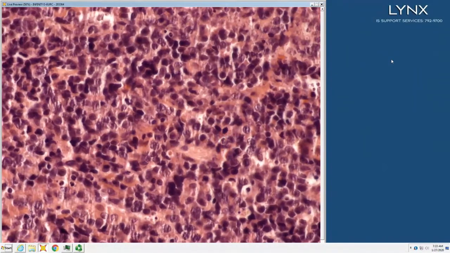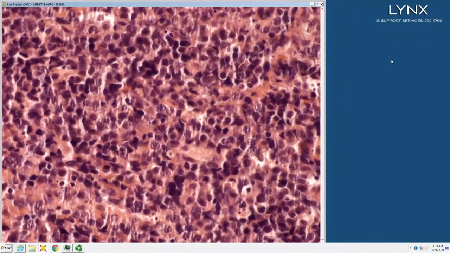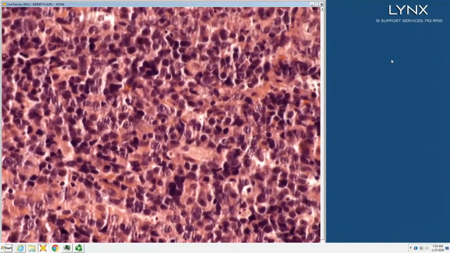But you have lots more cells that are getting blastic. Blastic transformation in a T-cell lymphoma is pretty bad. Right? That's usually a terminal event.